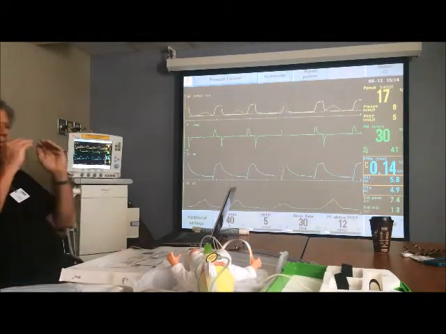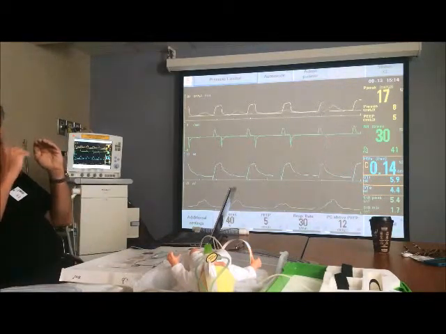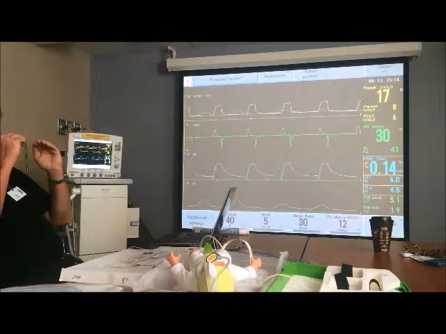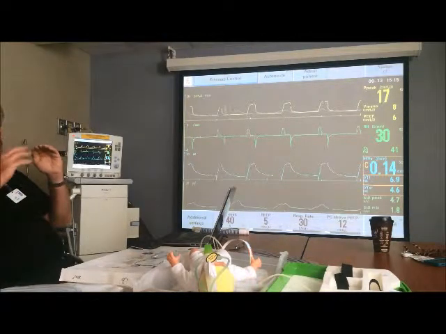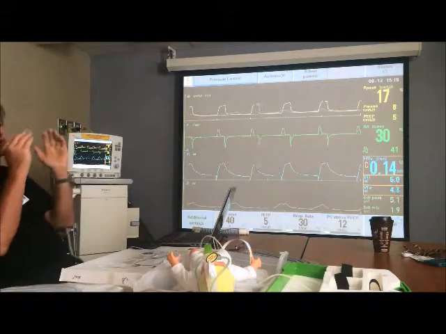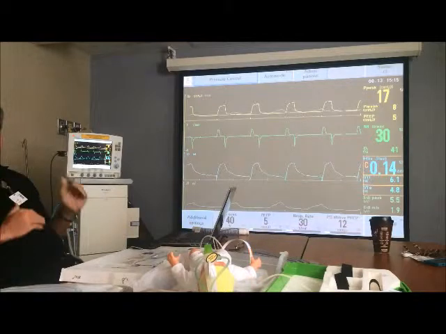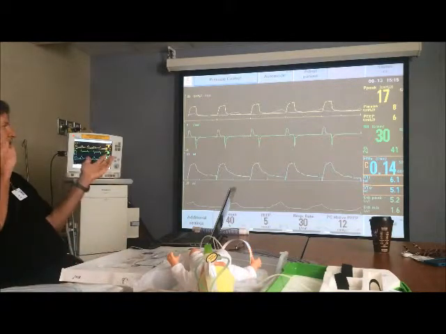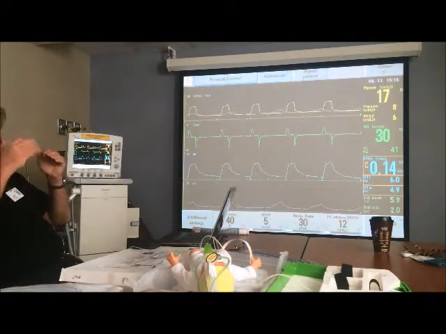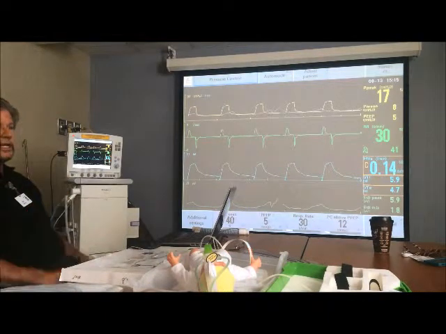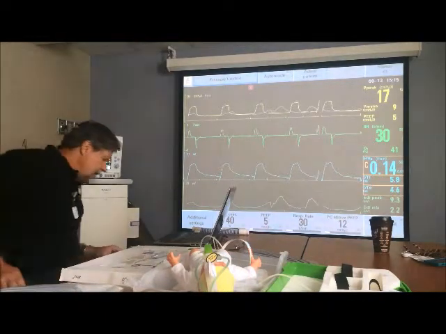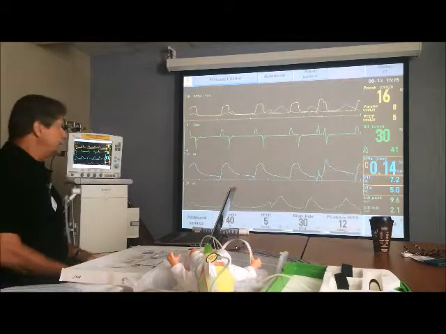If only one side of the diaphragm is working, the brain's going, I've got to tell that diaphragm to contract really hard because it has to create the negative pressure that normally the whole diaphragm was doing. So you go, why is the EDI so high? Then you take them to fluoro and sure enough, one side of the diaphragm is not working. So you can use it for things like that.